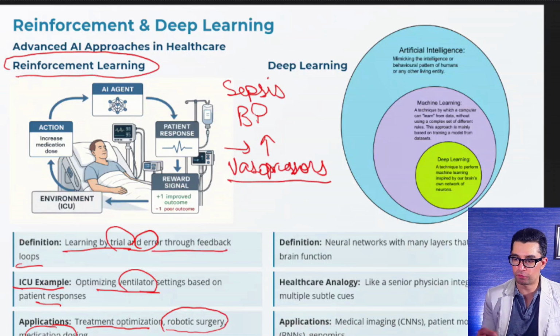People in healthcare, of course, will know about this; it is a no-brainer for them. So let's say the patient's blood pressure goes below 90. This is a negative outcome. This will lead to an increase in the dose of the vasopressor, and hopefully the blood pressure will go up.